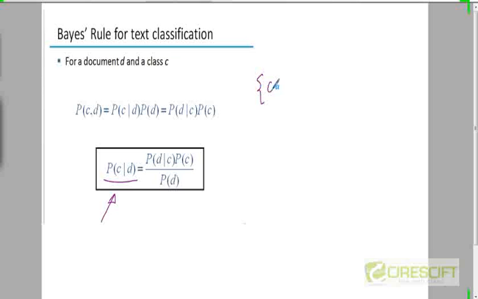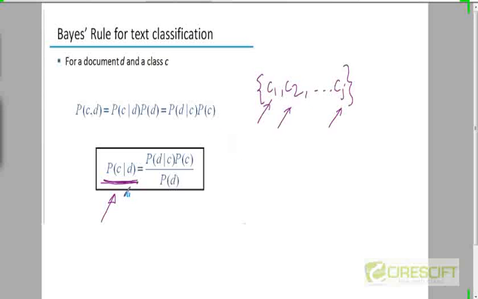Recall that we had a set of predefined classes, C1 to Cj, and you can think of this probability, probability of C given D, as having a different value for each of these classes. Given a document, what is the probability that it falls into class C1? What is the probability that it falls into class C2? What is the probability that it falls into class Cj?